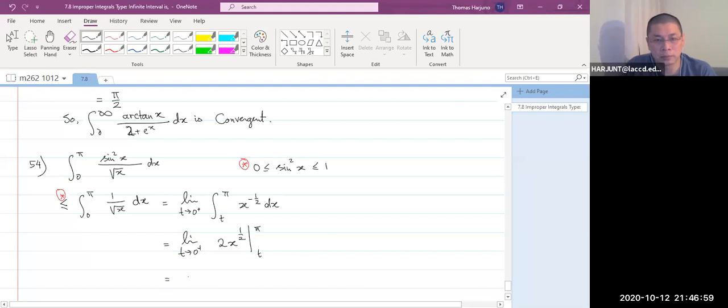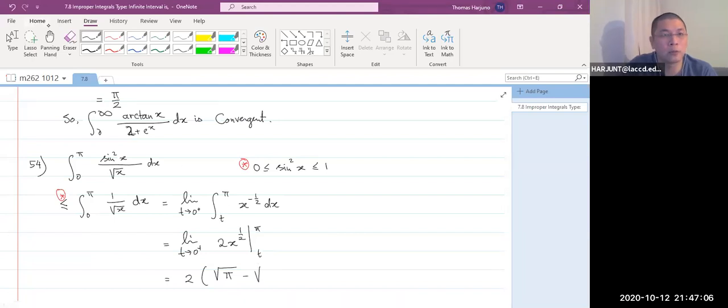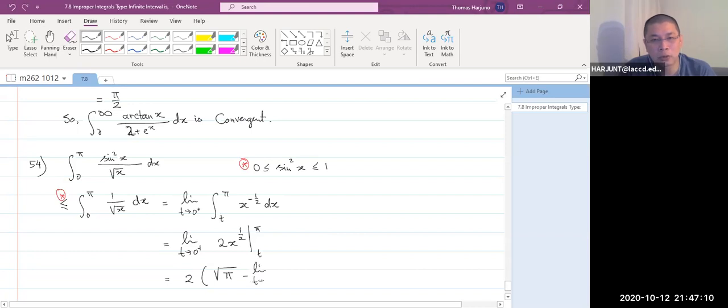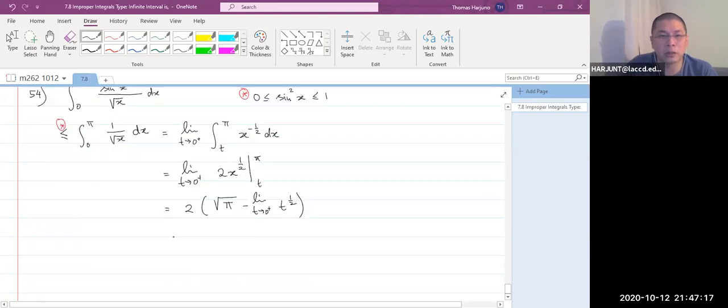This is 2 times square root of pi minus, don't forget the limit, the limit as t goes to 0 positive of the square root of t. But that's 0 there. So the answer here is 2 square root of pi.